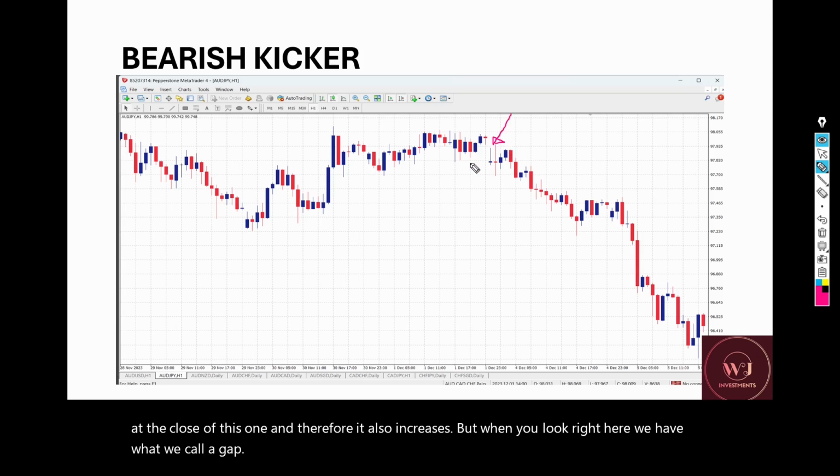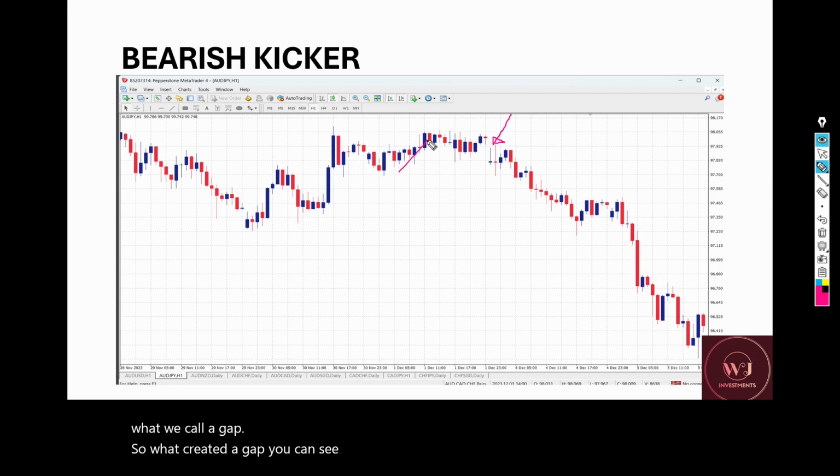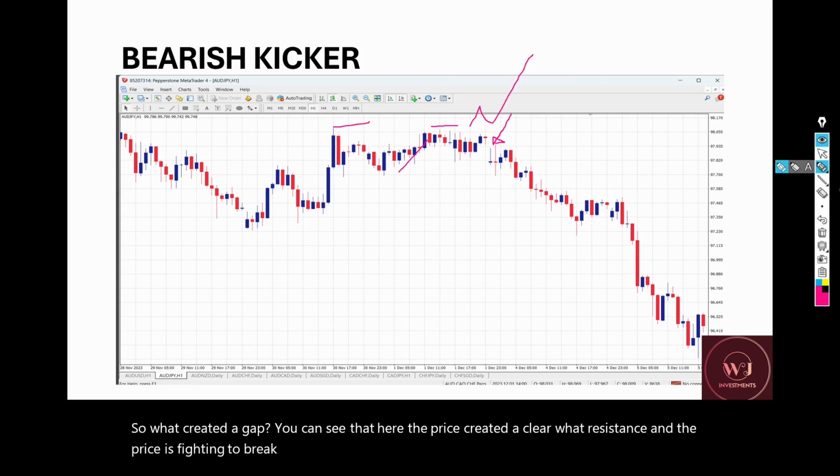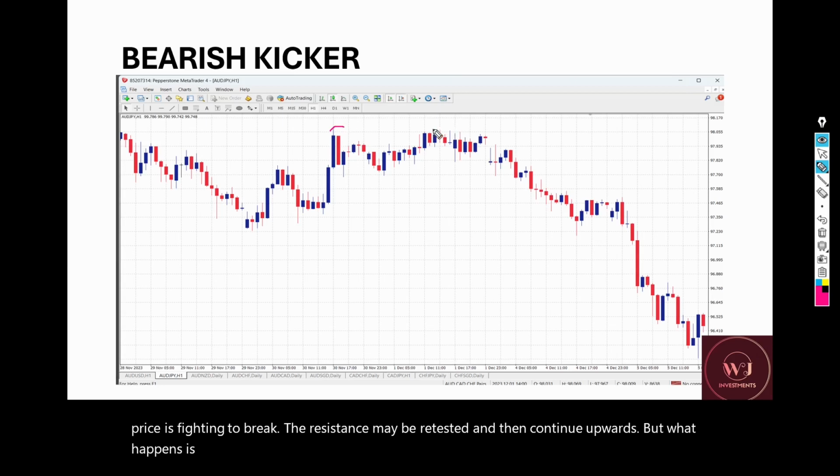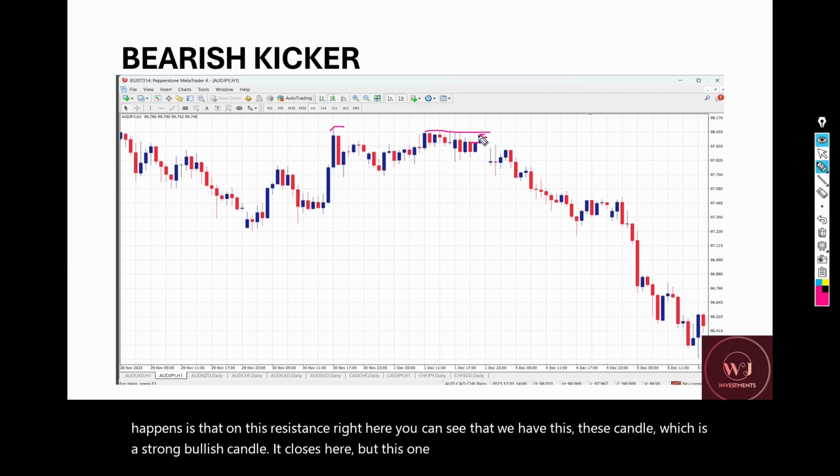So what created the gap? You can see that here the price created a clear resistance, and the price is fighting to break the resistance, maybe retest and then continue upwards. But what happens is that on this resistance right here, we have this candle, which is a strong bullish candle. It closes here, but this one opens at its close and then closes higher.